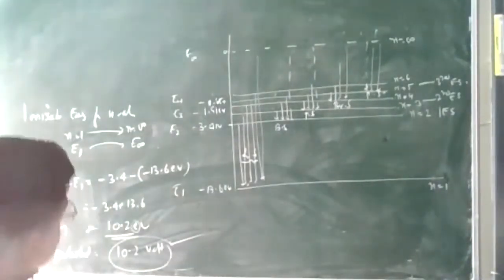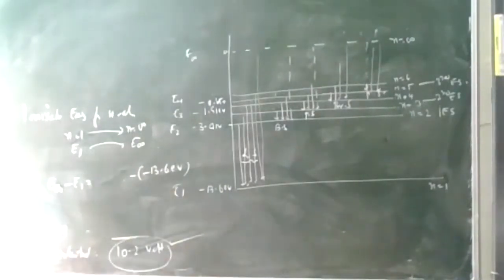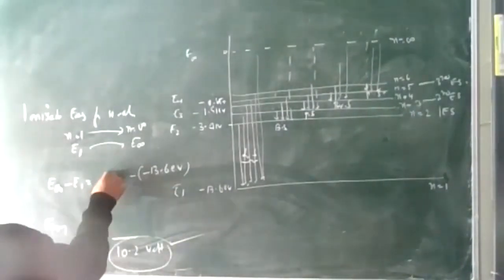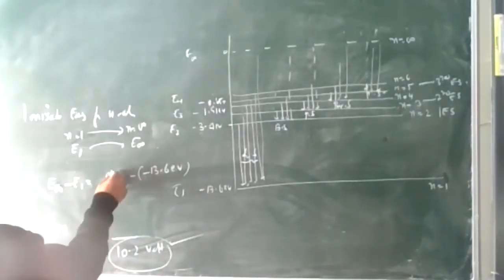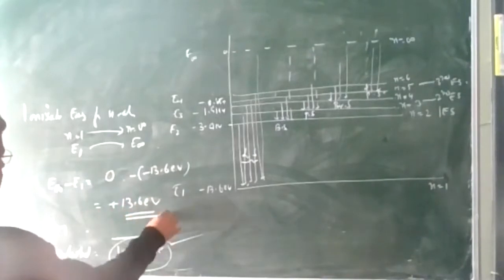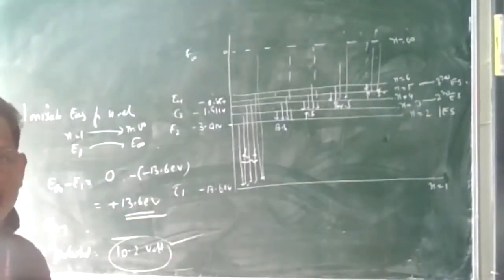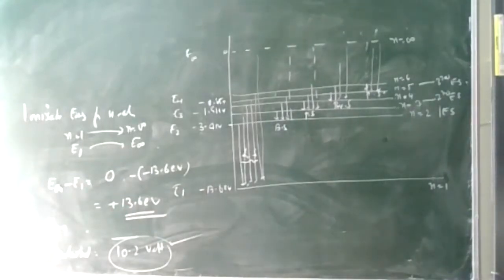E infinity is equal to 0. So 0 minus minus 13.6 will become plus 13.6 electron volt. So this is the ionization energy for hydrogen atom to take the electron from the first orbit to infinity. Plus 13.6 electron volt is the ionization energy. What is ionization potential?